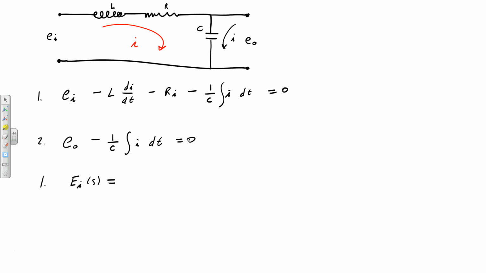So just don't miss the algebra I'm doing here. I'm just bringing them over to the other side. No big deal, right? So this is going to be Ls I sub s, plus R I sub s.